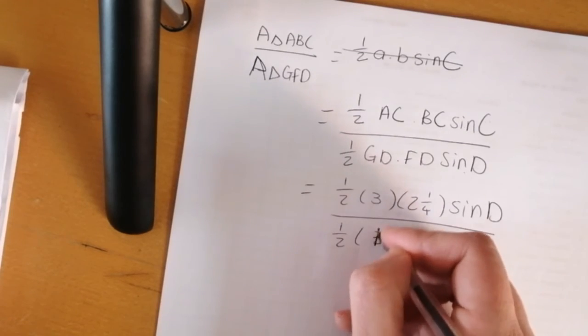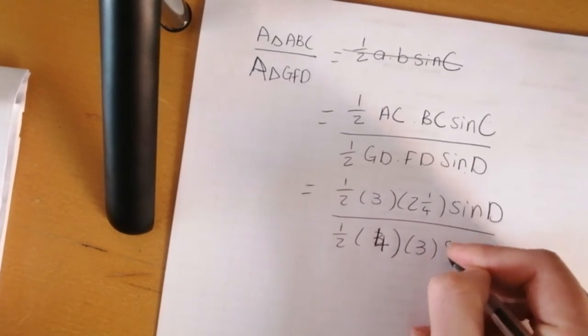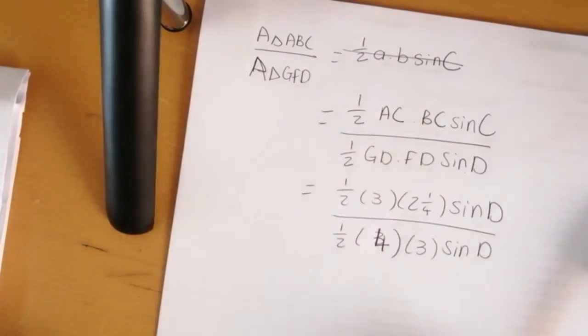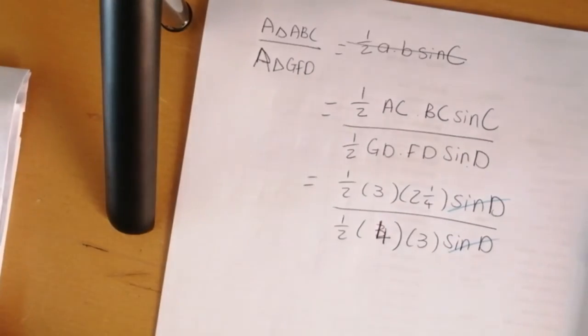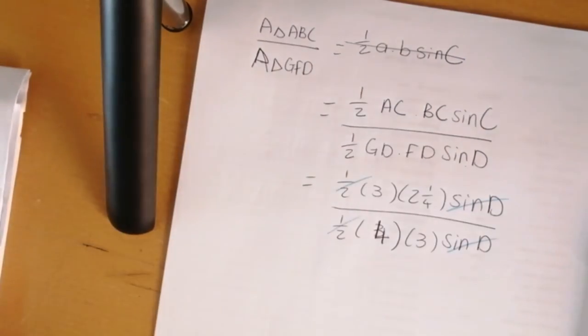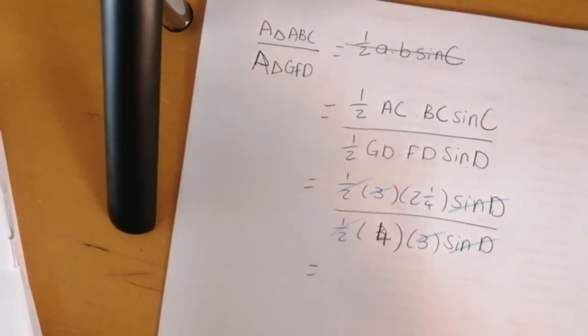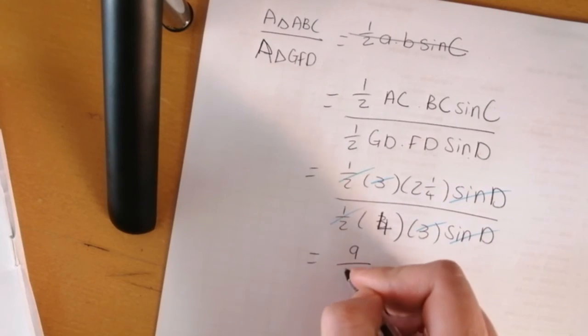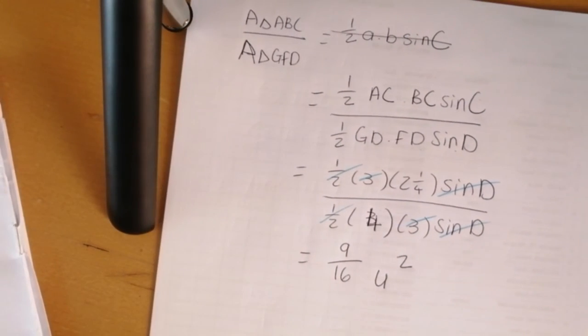No, sorry, that's 4 units. Times FD, which is 3 units, and this is also sine D. And what I see now is that sine D and sine D is the same thing. Half and a half will cancel. We can actually also say 3 and 3 cancel. So 2 1/4 divided by 4 is equal to 9/16 units squared because it is an area.